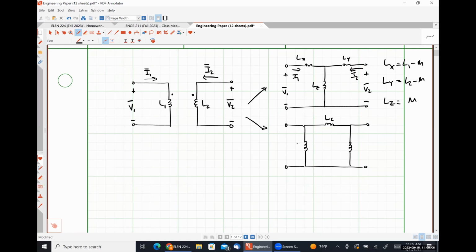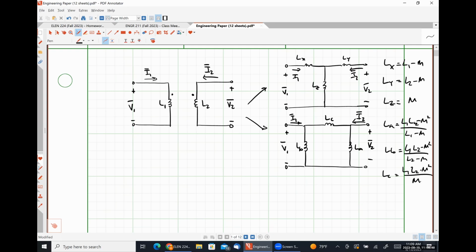Here's LC, LB, LA, and we said that LA was L1, L2, M, was L1, L2 minus M squared over L2 minus M, and L2 minus M squared.